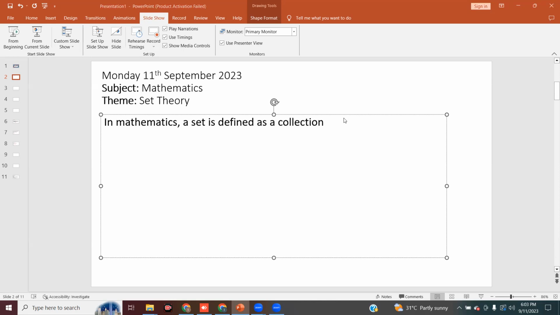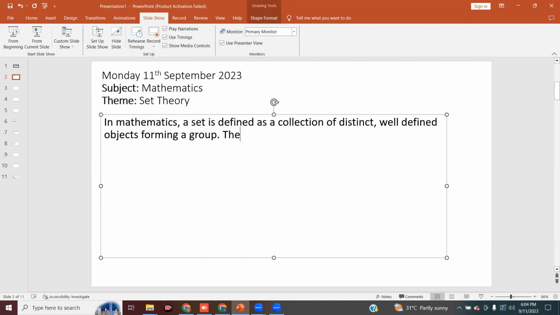But a set is defined as a collection or a group of distinct, well-defined objects forming a group.